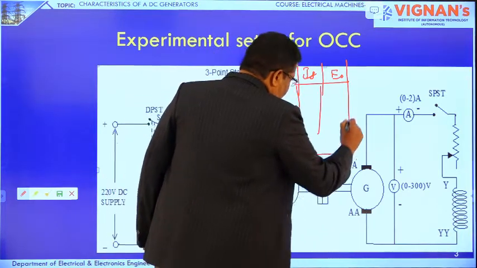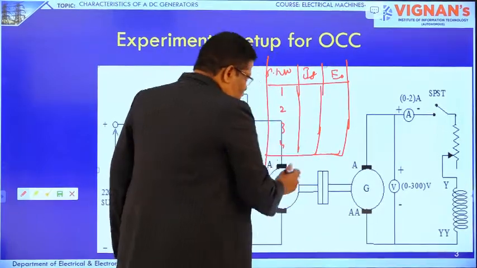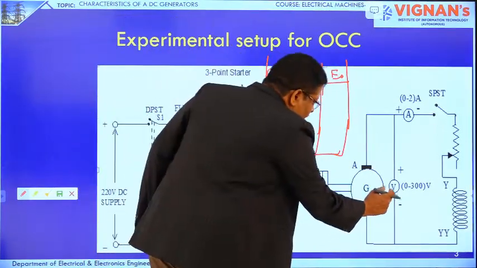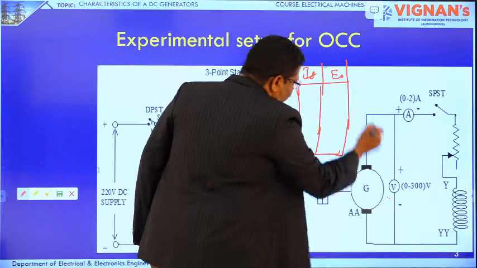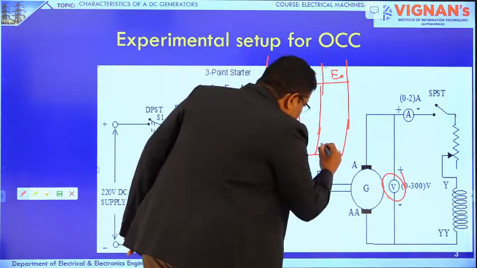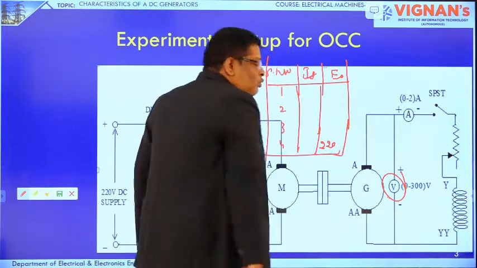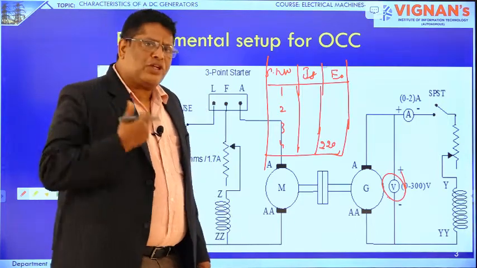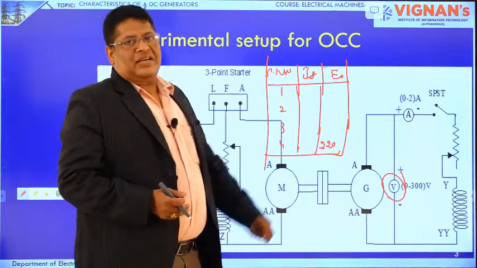In this manner, you can change the field current, and the voltmeter reading is nothing but E naught, up to the rated voltage of the generator, 220 volts or 230 volts, whatever voltage is given by the manufacturer. Up to that value, you can increase the field current.